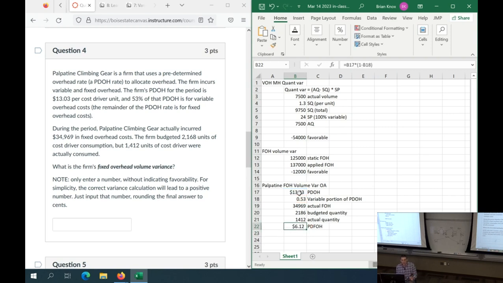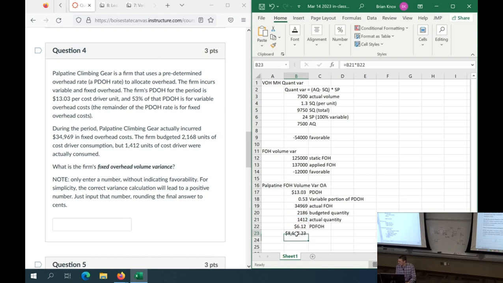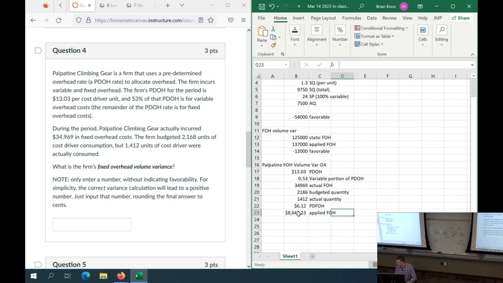That's the amount of our PDOH rate that is pushing fixed overhead costs onto jobs and orders based on the consumption of cost driver for those jobs and orders. So when we actually consumed 1,412 units of that cost driver, we applied $8,647.23 of fixed overhead cost.